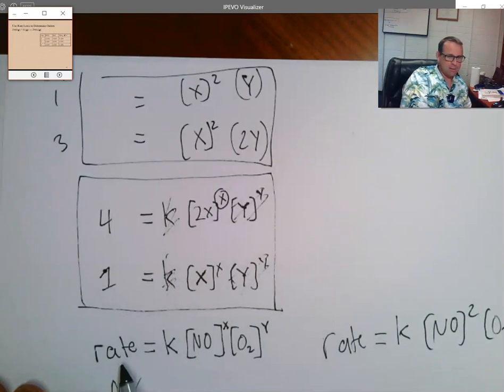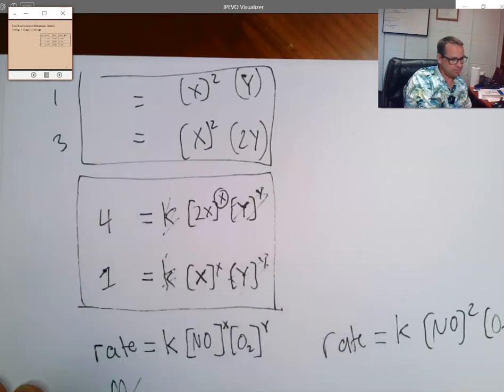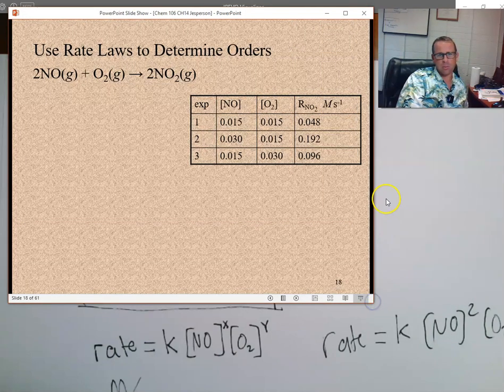And the rate here. How does the rate change, Camille, from experiment 1 to experiment 3? It gets higher.